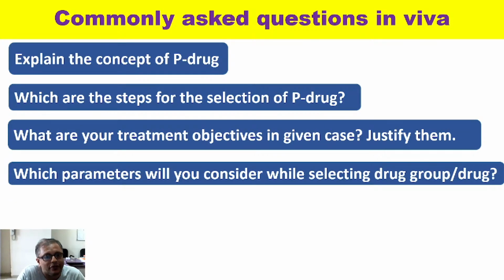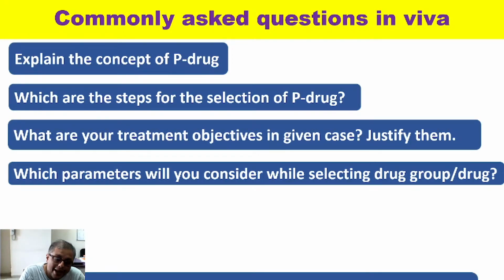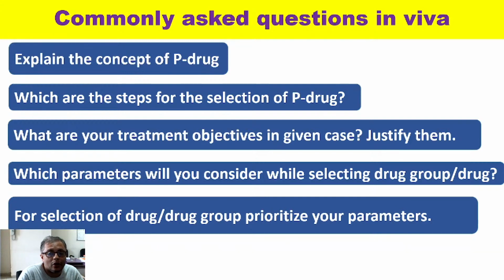Again a commonly asked question: which parameters will you consider while selecting the drug group? These are efficacy, safety, suitability and cost. Next, which parameter will you prioritize? The first parameter you give priority to is efficacy.